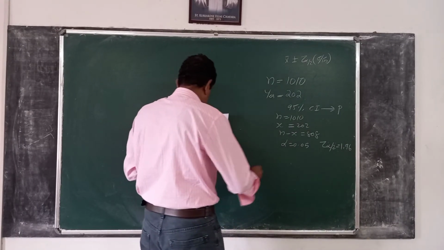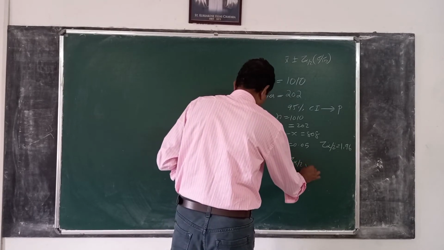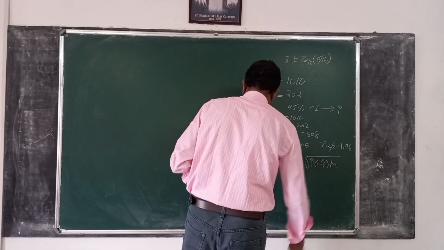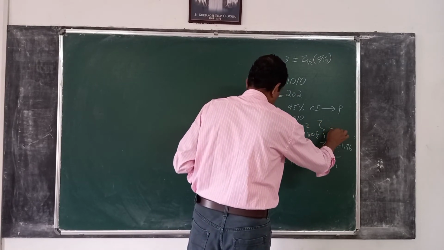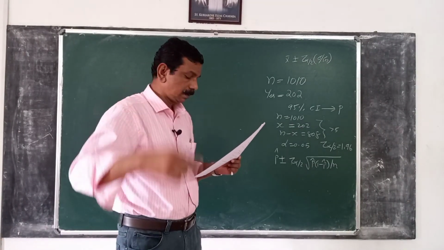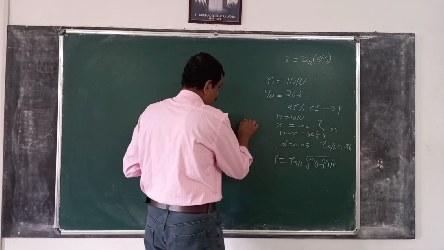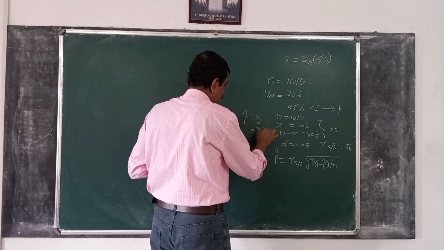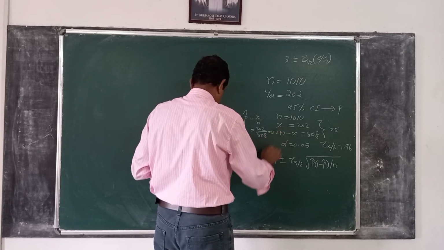Then the confidence interval is p hat plus or minus Z alpha by 2 root of p hat into 1 minus p hat by n. And we know that both x and n minus x are greater than 5, so the condition required for constructing the confidence interval is satisfied. Then what is p hat? p hat is equal to x by n is equal to 202 by 1010 is equal to 0.2.